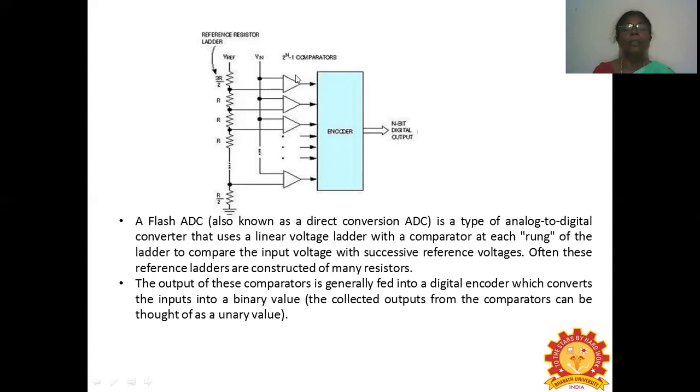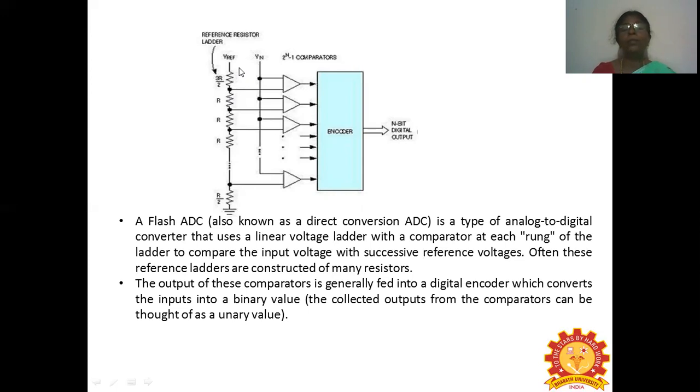So what are the inputs we are applying here for the comparator? One is the input voltage, and the other is the reference voltage. The circuit is often constructed from many resistors. Here we have many resistors connected in series with the reference voltage.